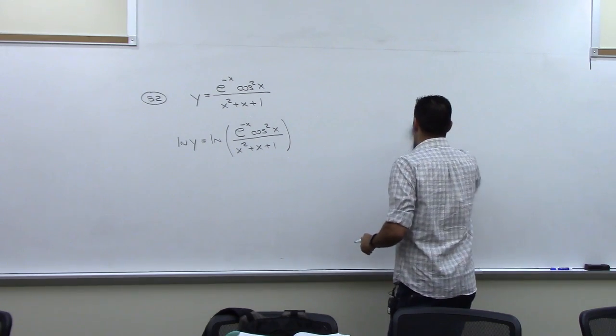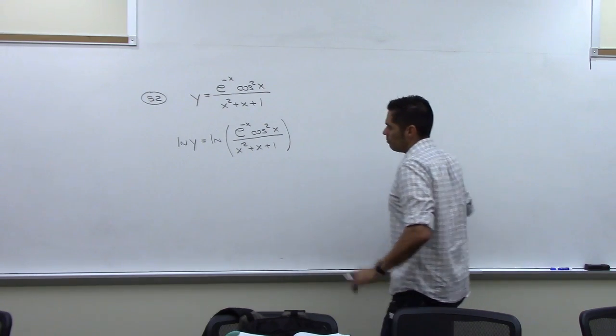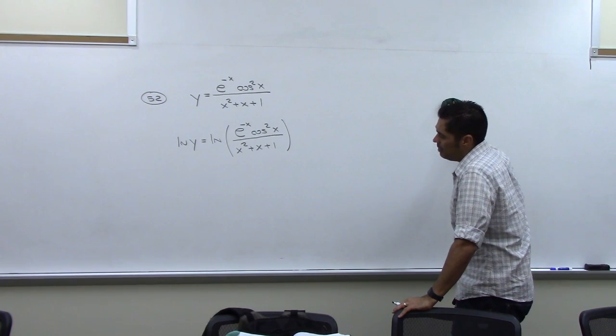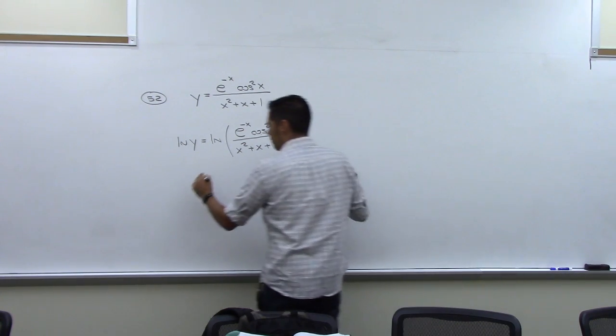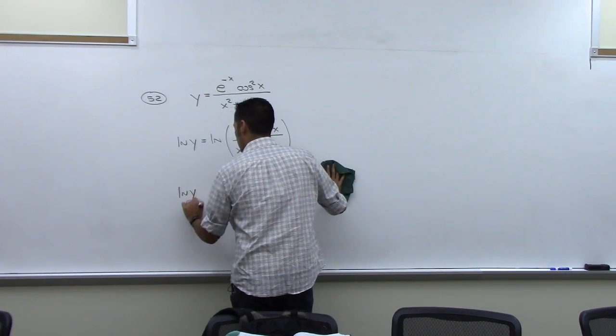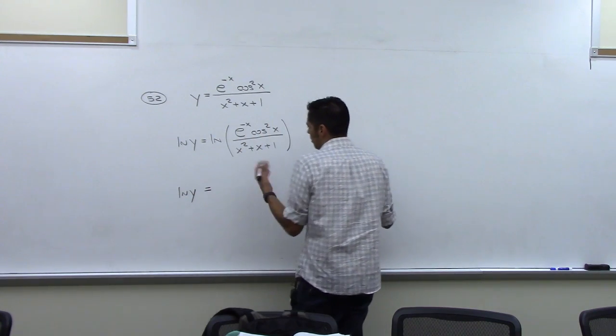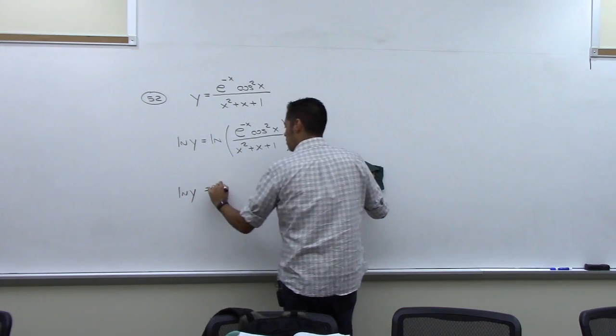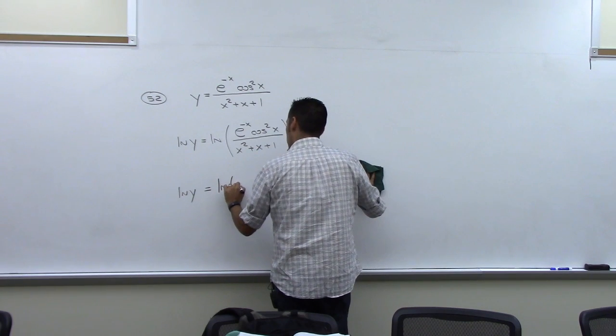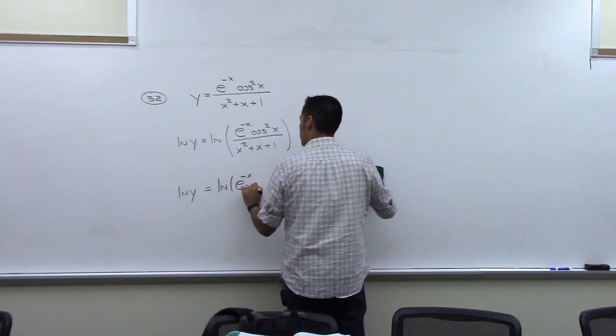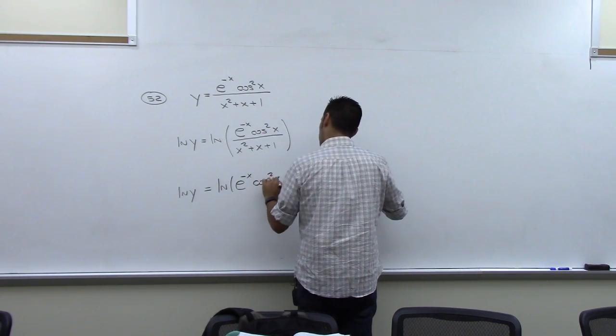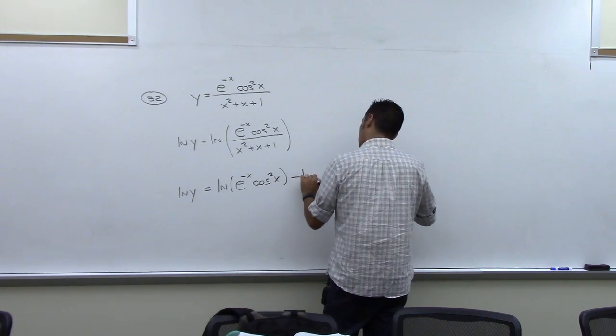All right, now once we have this, I can rewrite, be careful here, natural log y equals, now over here I'm just going to use properties. I have division, so I split this into 2 logs. It's natural log of the top minus the natural log of the bottom.